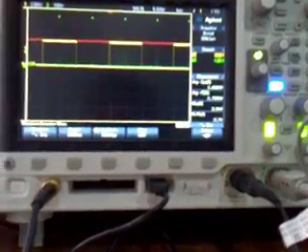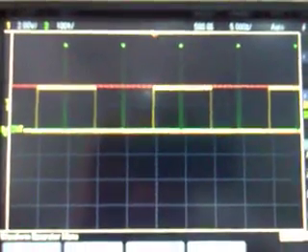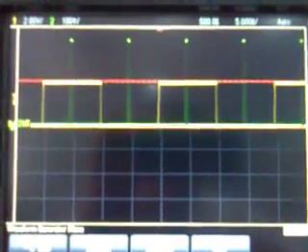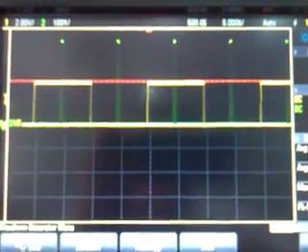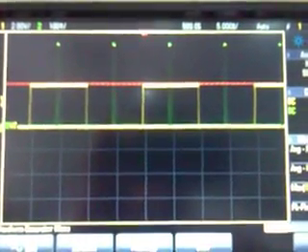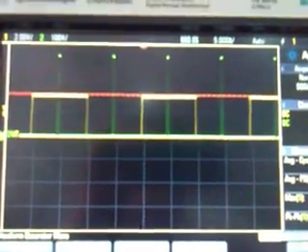Here you can see after the rising edge the timer of the microcontroller is set at 5 millisecond, and after 5 millisecond it will get the sample. So the microcontroller is in active mode only for a duration of 65 microsecond, and it will remain in sleep mode most of the time per cycle.